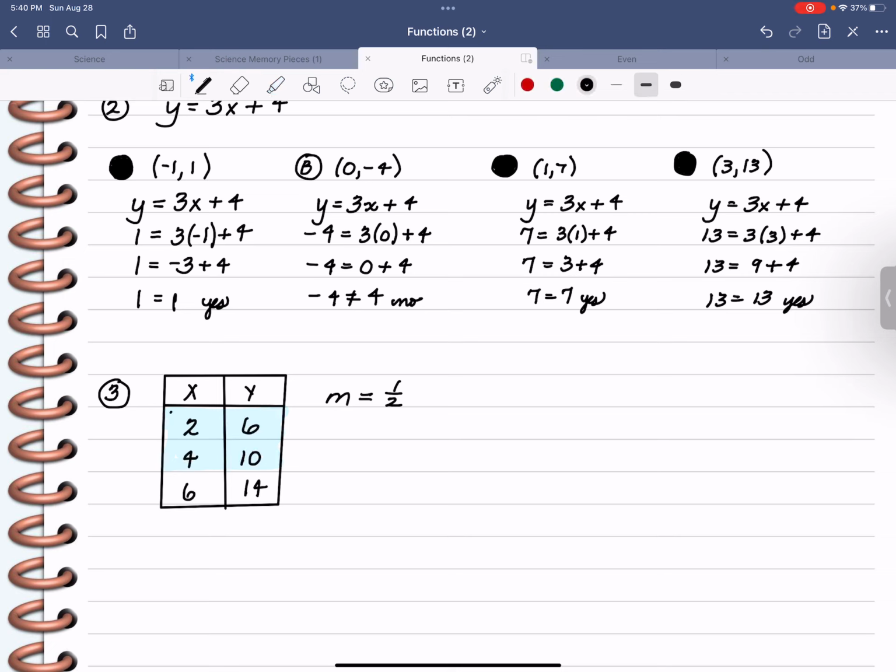Okay, so this is going to be x1, x2, y1, y2. So slope is y sub 2 minus y sub 1 over x sub 2 minus x sub 1. So we have 10 minus 6 over 4 minus 2.